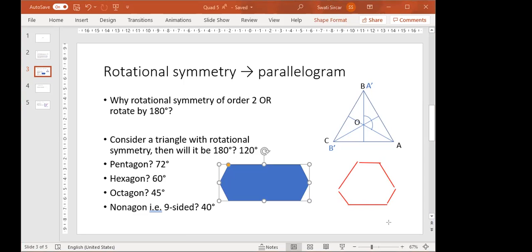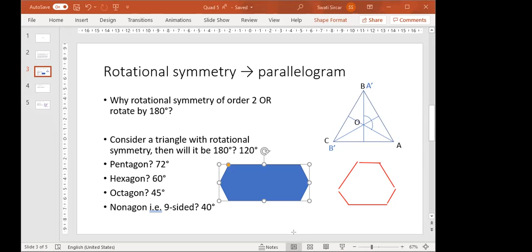Does it have rotational symmetry? I mean, obviously it is a bit imperfect, but you get the picture. All angles are 120 degrees, alternate sides are equal, 3 sides are longer than 3 other sides. This one doesn't have rotational symmetry, okay?